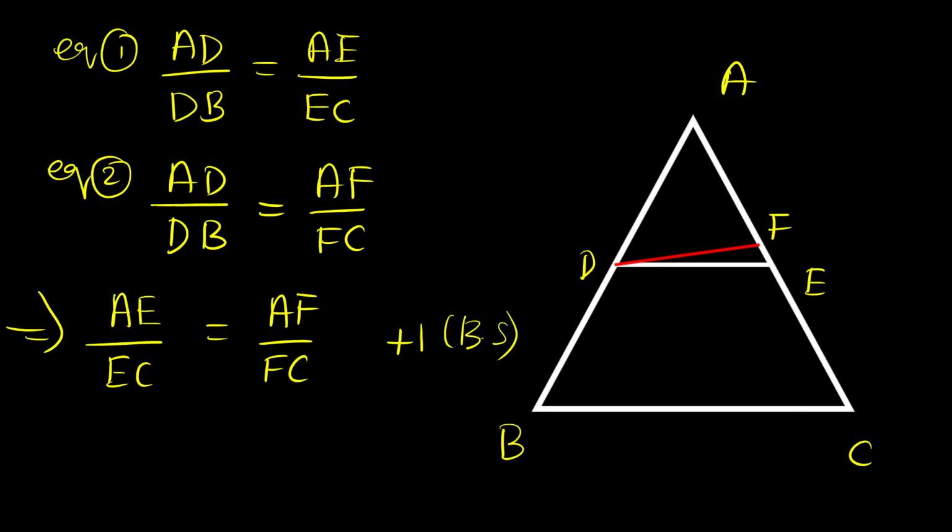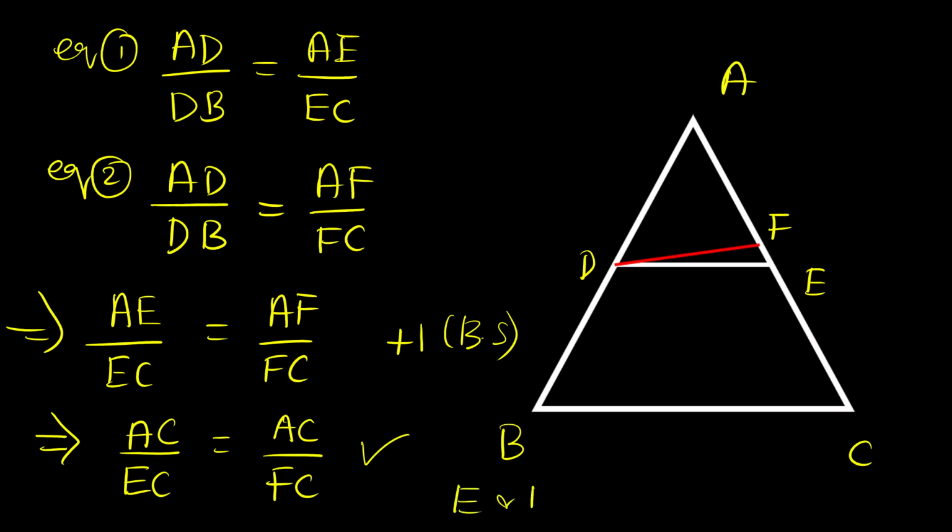So after adding 1, we are going to get AC by EC is equal to AC by FC. So this can happen if and only if E and F coincide.